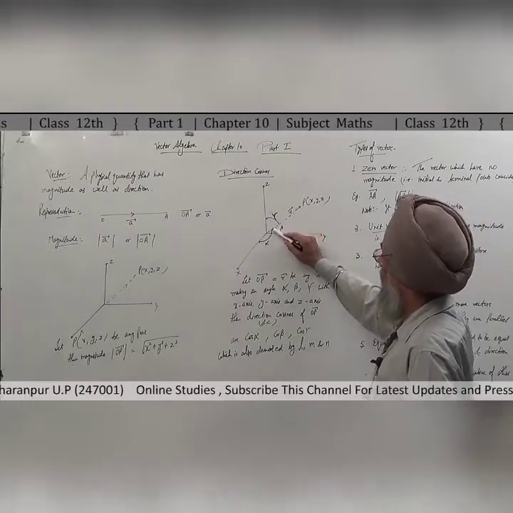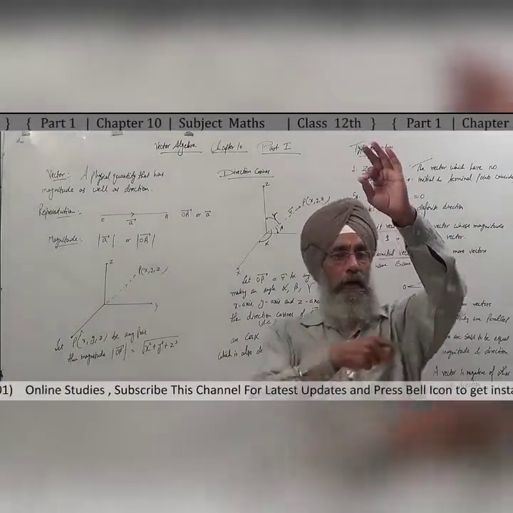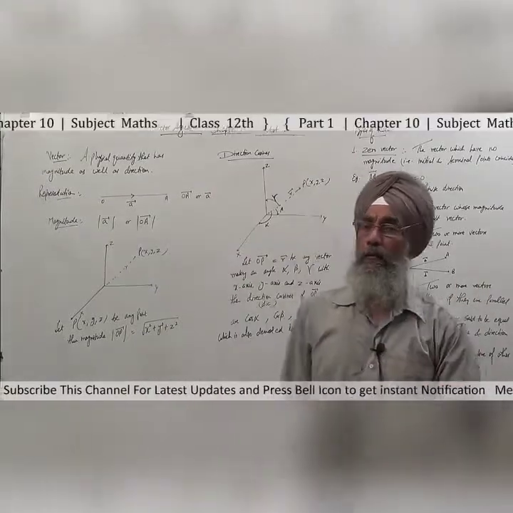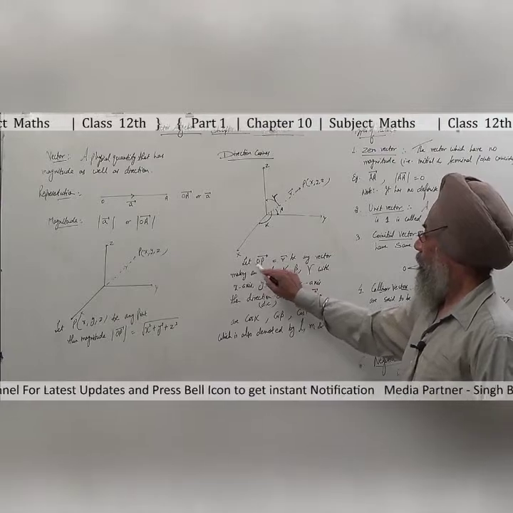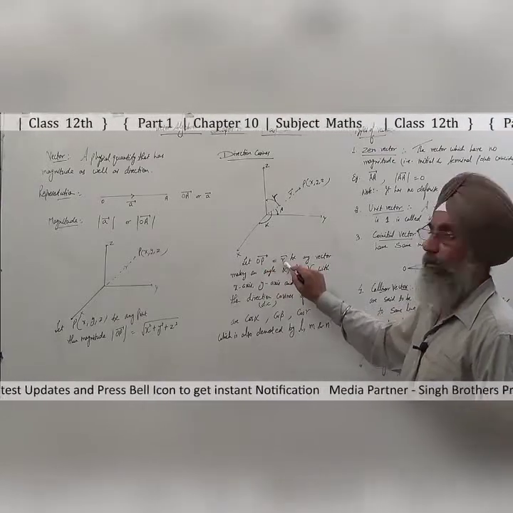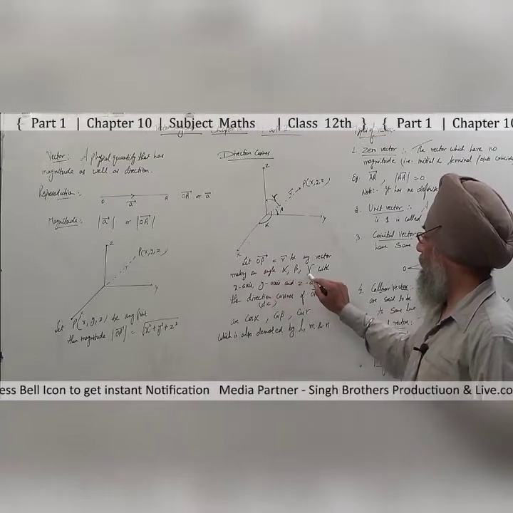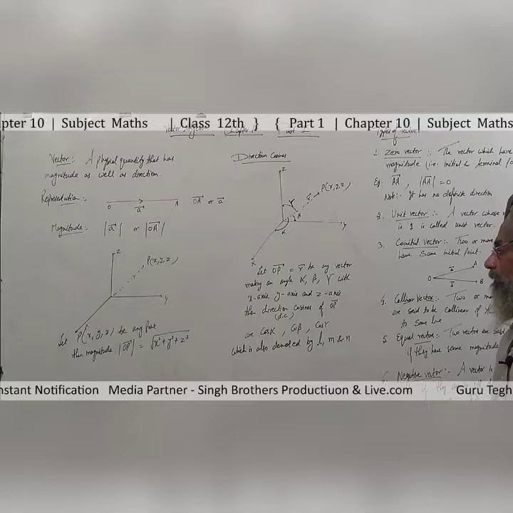It is making an angle alpha with the x-axis, beta with the y-axis, and gamma with the z-axis. Then let OP equal to vector r be any vector making angles alpha, beta, gamma with the x-axis, y-axis, and z-axis respectively.